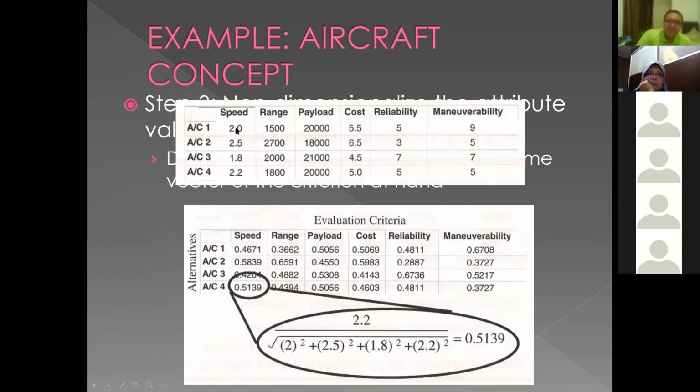If you see here, the value here is only 2, but on the next column it is 1,500, and the next column is 20,000. It is not fair.